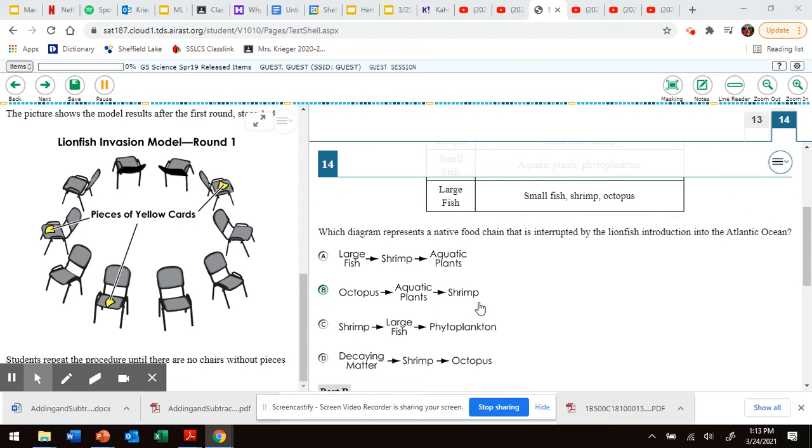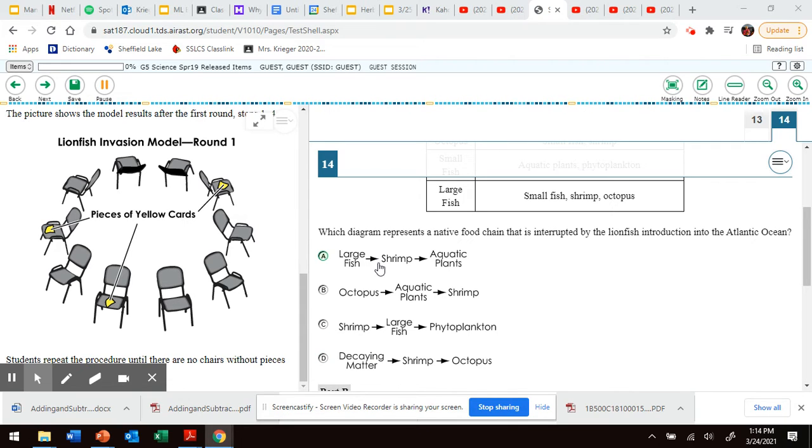So part A is asking what diagram represents a native food chain that is interrupted by the lionfish introduction to the Atlantic Ocean, saying because lionfish are in the Atlantic Ocean, you are to identify a food chain that would be occurring. So when we look at this food chain, on the very left, that's the first primary consumer.